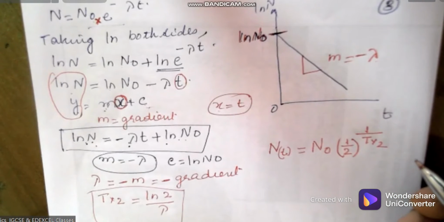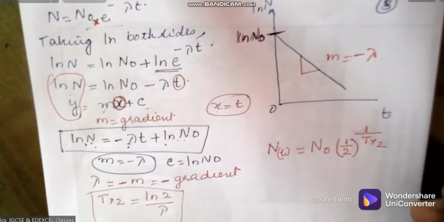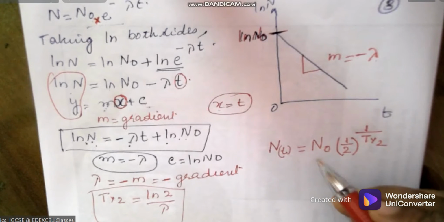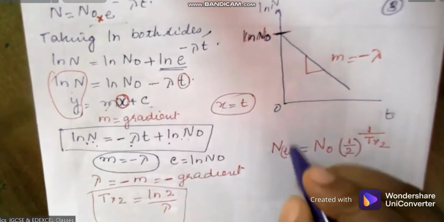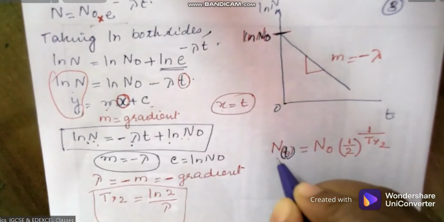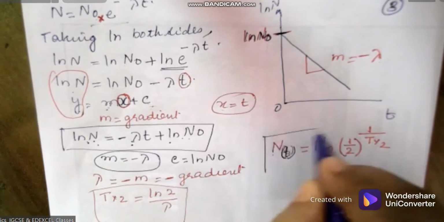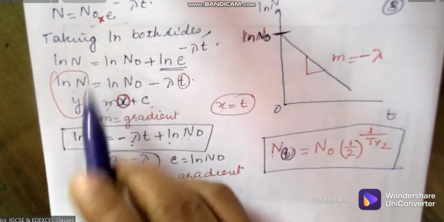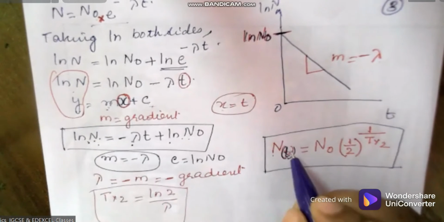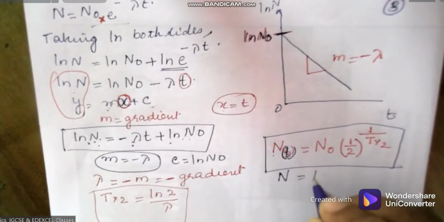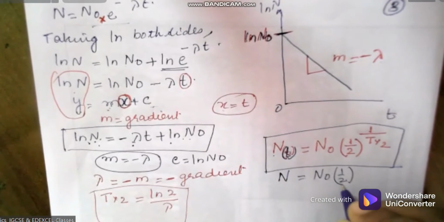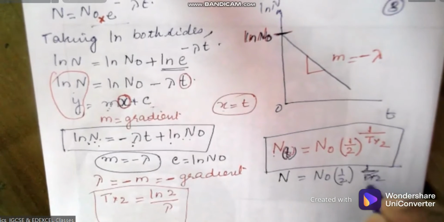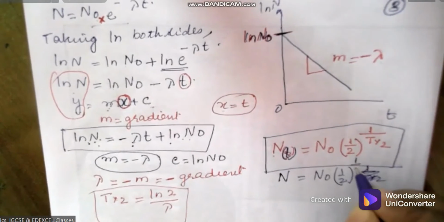So in any question related to half-life, or if half-life is given to you, that is how you find the original or initial number. The number at any time N is equal to this. This t is optional; you could directly write N is equal to N naught times half to the power t by half-life. This is not multiplication, this is an exponent, to the power.